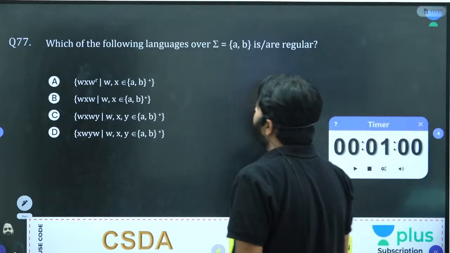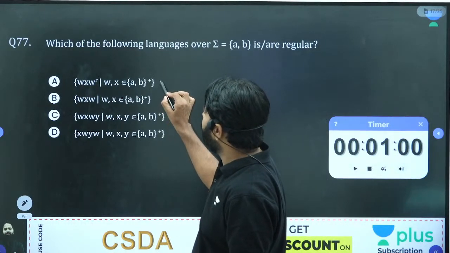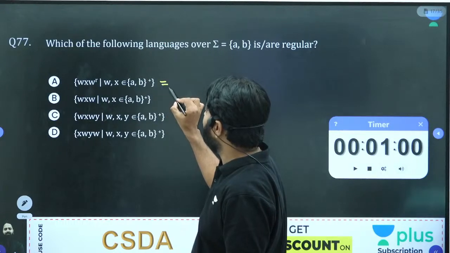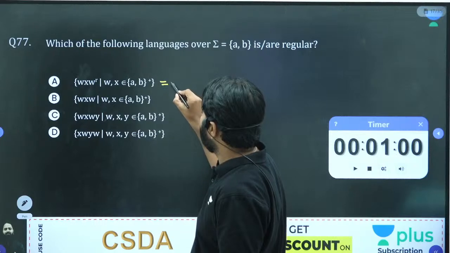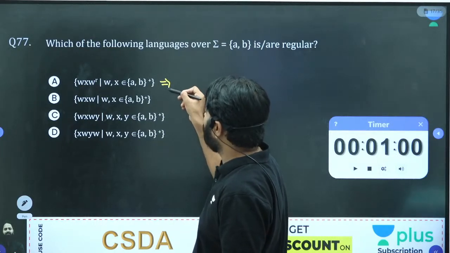Now, regular, has anybody tried w x w^R? If you put it here, I'll explain this one.